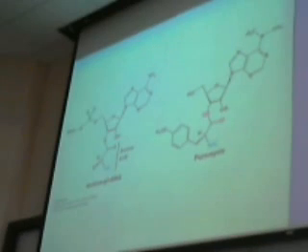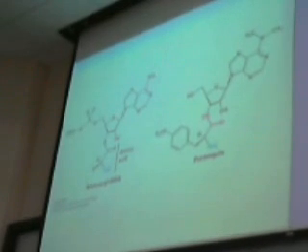It can get in, bind to the A site. The amino group can react with the transfer RNA at the P site and form a normal type of peptide bond. It can then move over to the P site, but it cannot be attacked by the next transfer RNA that comes in because this amide bond is less reactive than the ester bond that we have in the normal amino acid.